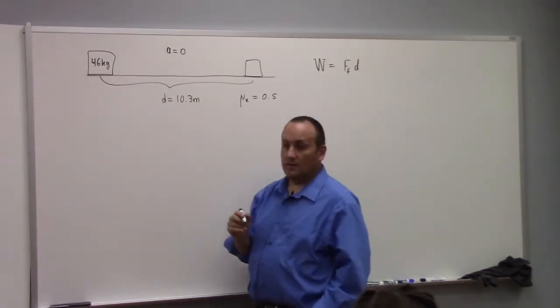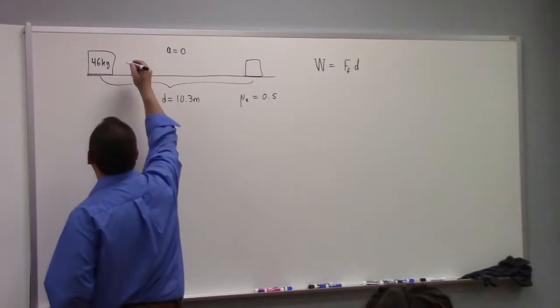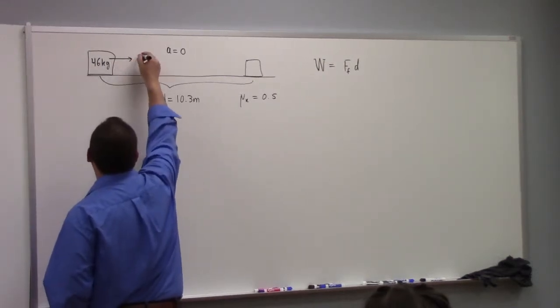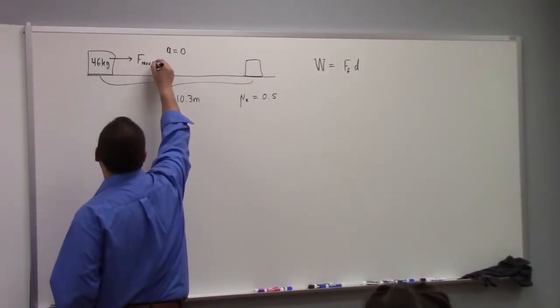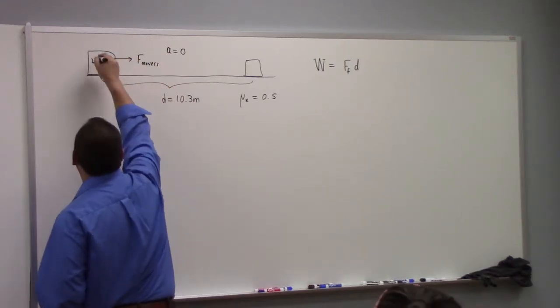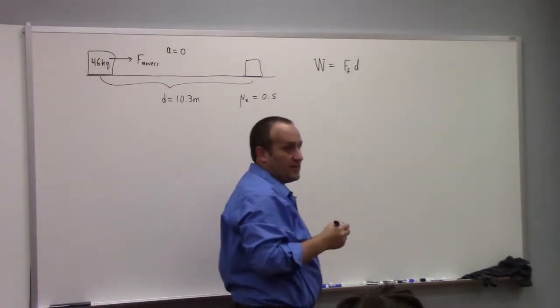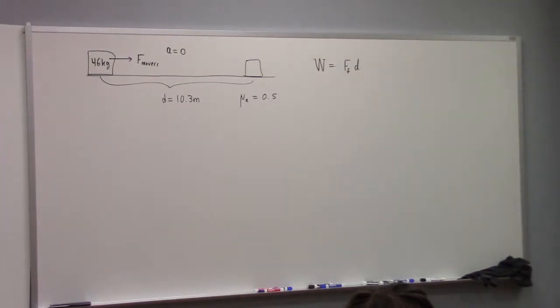Because, and to be more clear, so here's the force of the movers is like this, right? What direction is the friction force going? I heard opposite direction, right? So if we're interested in the sign of the work done by the movers, is it positive or negative?